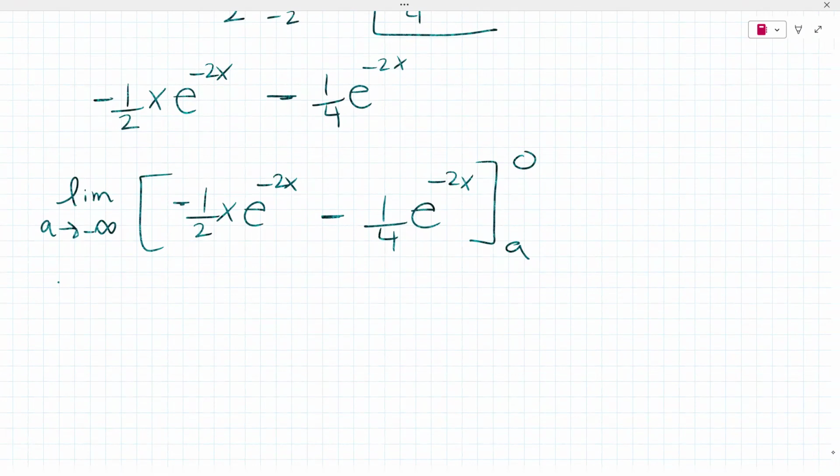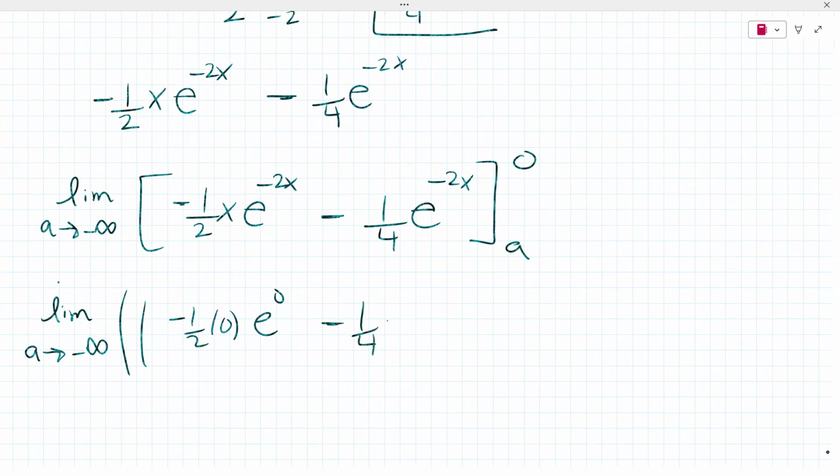So now we could just apply the fundamental theorem. So it's going to be the limit as a approaches negative infinity, and then do the upper minus the lower. So it's going to be negative 1/2 times 0 times e, and then negative 2 times 0 is 0, minus 1/4 e, and then negative 2 times 0 is 0, minus bracket, and then apply the lower boundary.